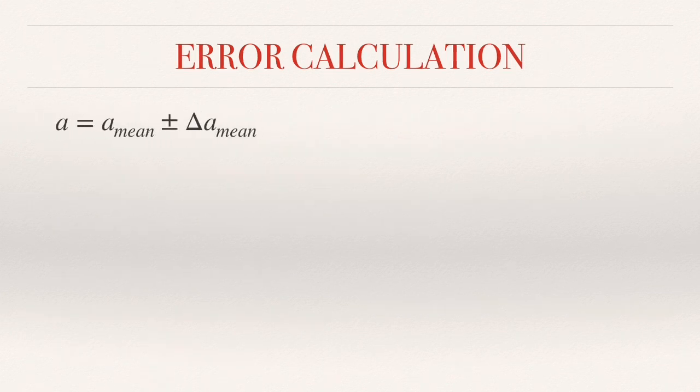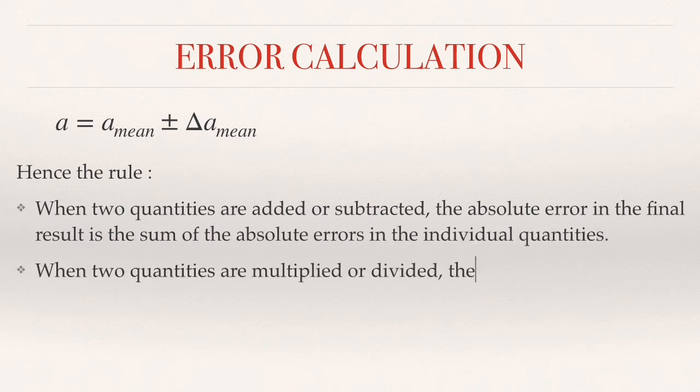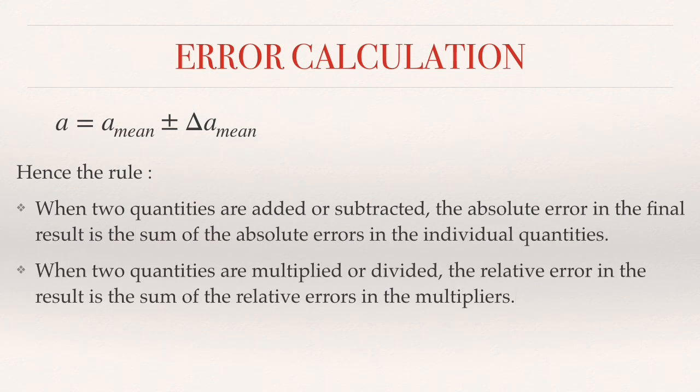When we represent the measured value of any physical parameter, we generally represent it as A mean plus or minus delta A mean, which is the absolute error. There are also some rules for the calculations.